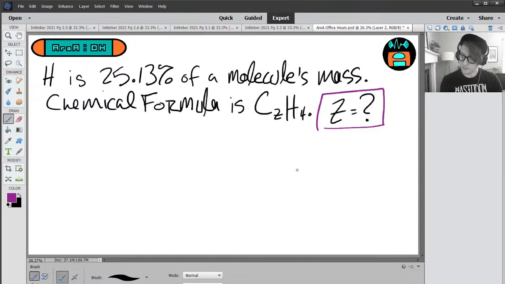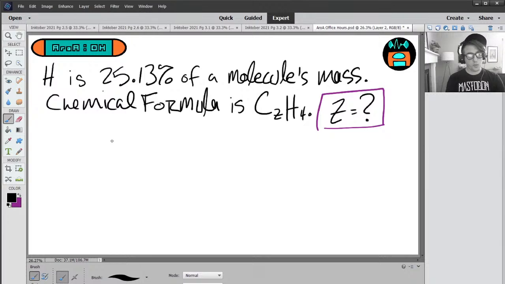This is essentially that exact same problem, just written in reverse. We're also given the atomic masses of hydrogen and carbon.